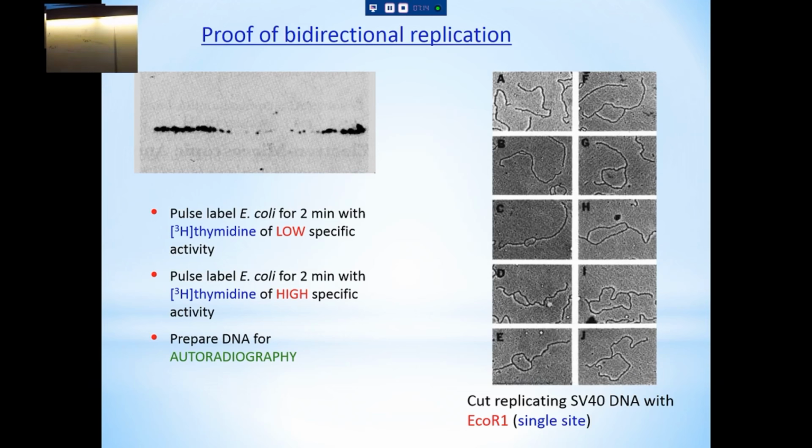That's recognized. And on sort of the other side of that molecule, there exists an EcoRI site. So because DNA replication always begins at the exact same location, the origin of replication, we know that DNA replication is going to ensue from here.